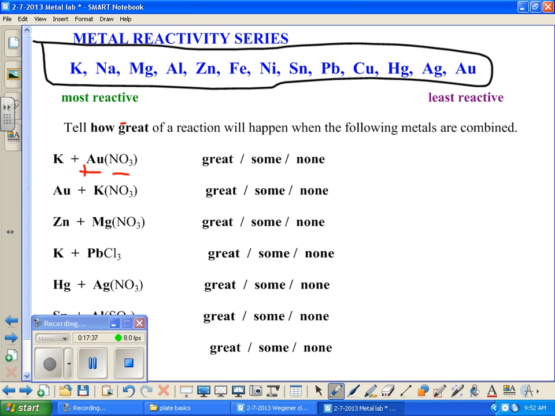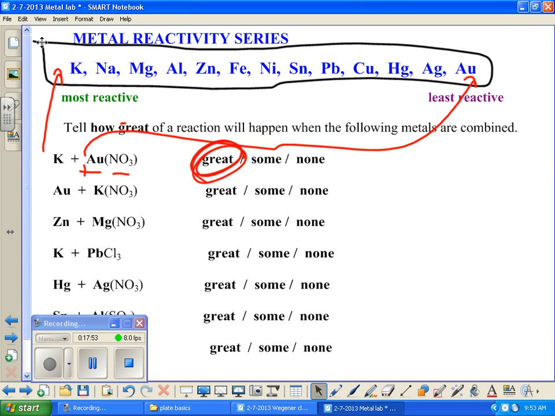He's super reactive. What about AU? Wimpy, wimpy, wimpy. So, are we going to dump AU for K? In a blink. You talk about a reaction. So if they're really far apart and on the proper side on the left, there's going to be a very big reaction. The further apart, the greater the reaction.